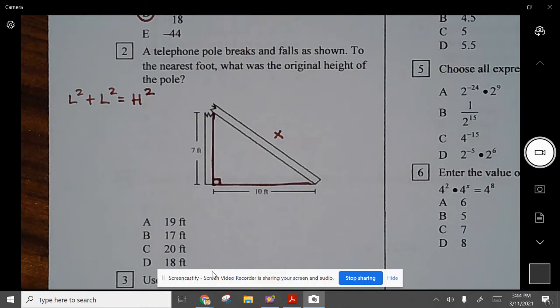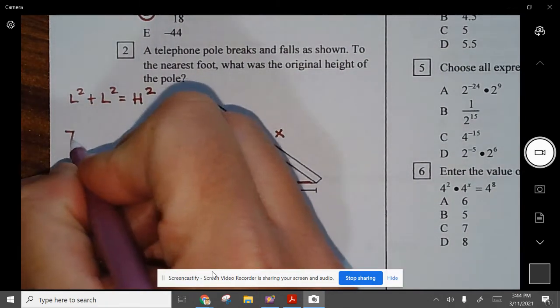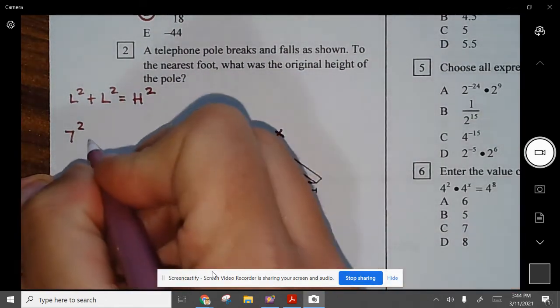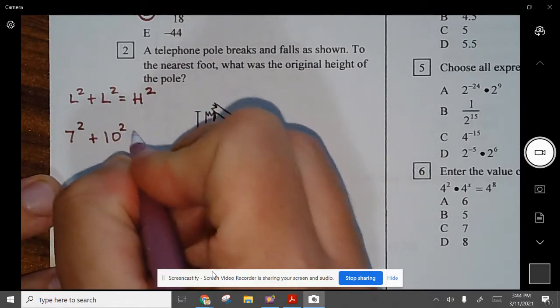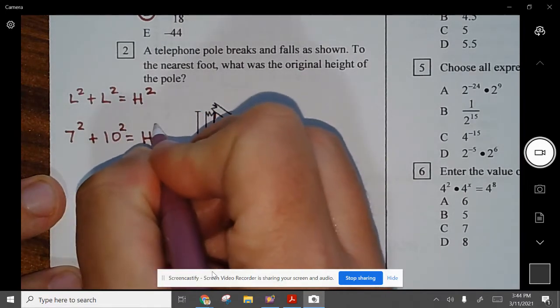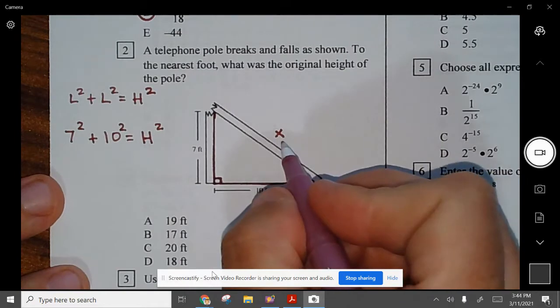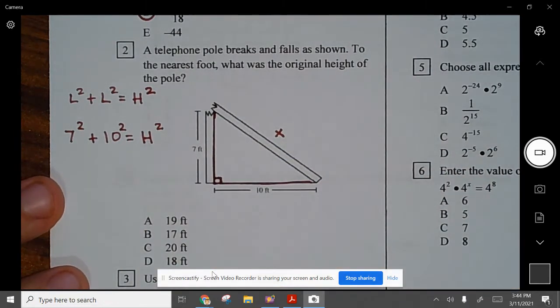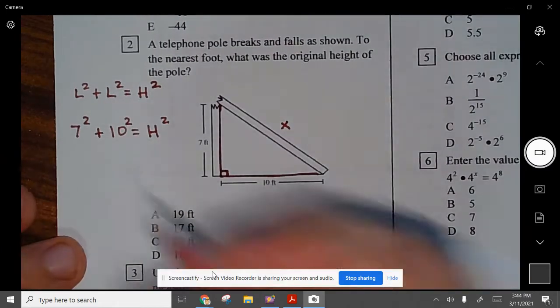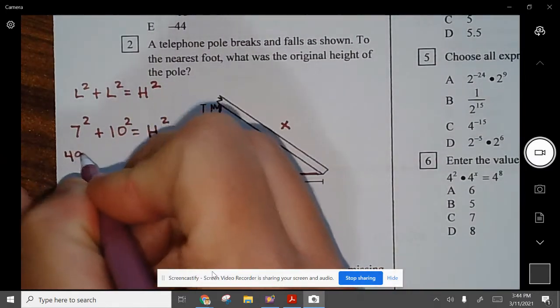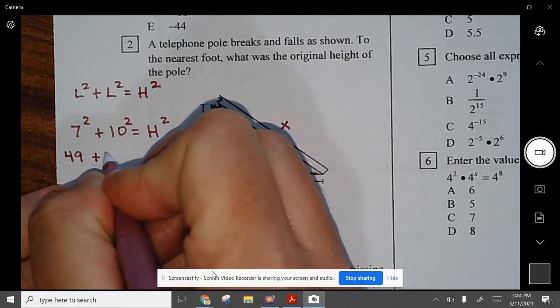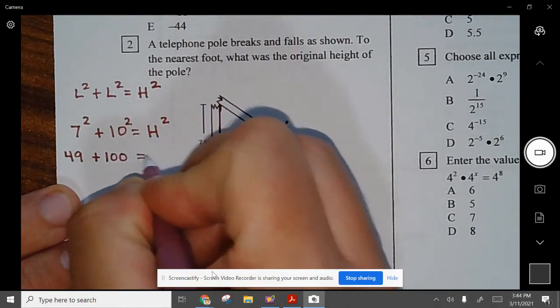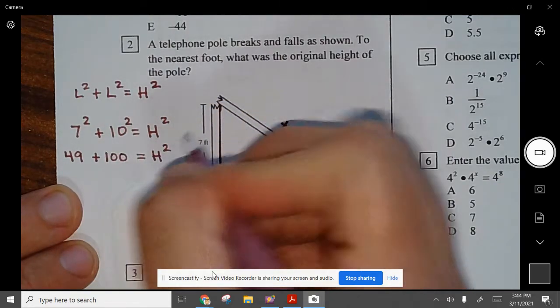Okay? So you got to set this up. So I have 7 squared plus 10 squared equals hypo squared. If you want to make it x, that's fine. You could have put x there for sure. Doesn't matter. That actually should have been x. Then what's 7 squared? 49. What's 10 squared? 100. That equals h squared.